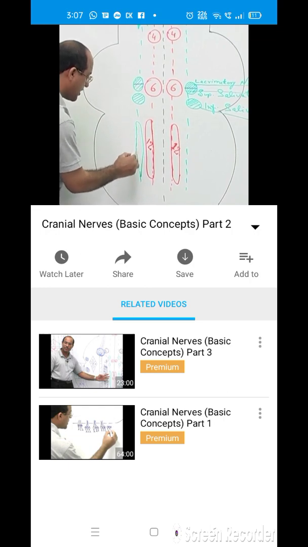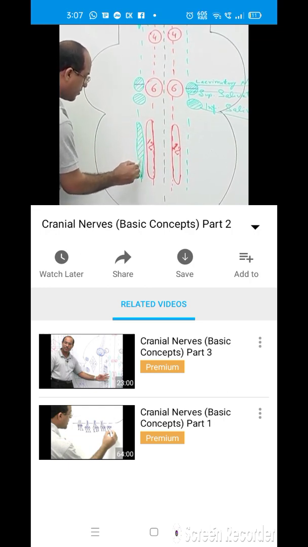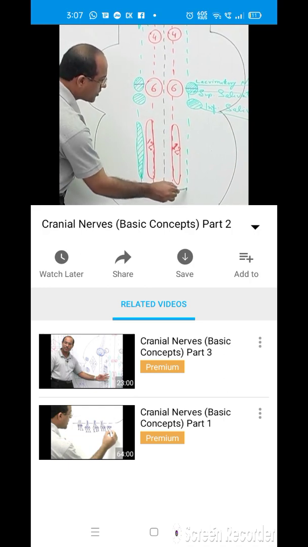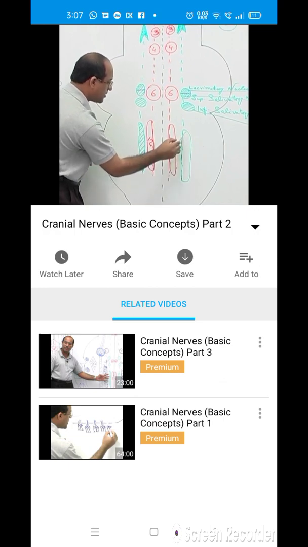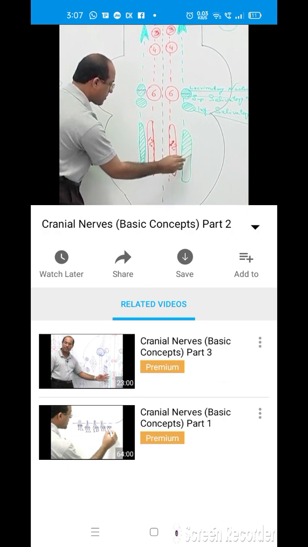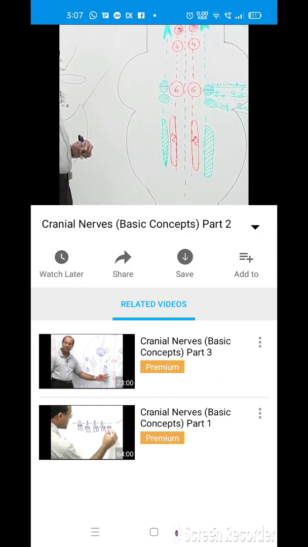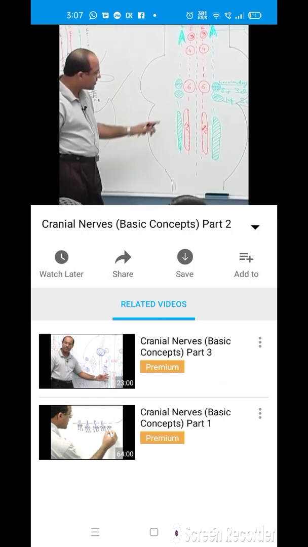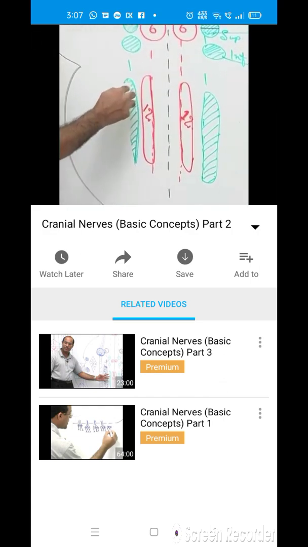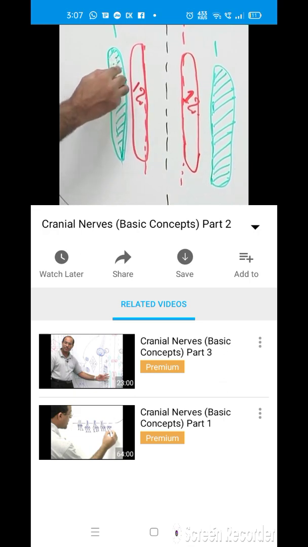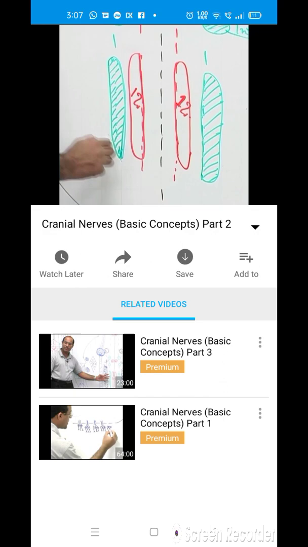Now, this was another column, and of course the most important member of this column is the dorsal nucleus of vagus. Have you heard of it? The dorsal nucleus of vagus has two types of fibers. This part of the nucleus which I have drawn here consists of preganglionic parasympathetic outflow.